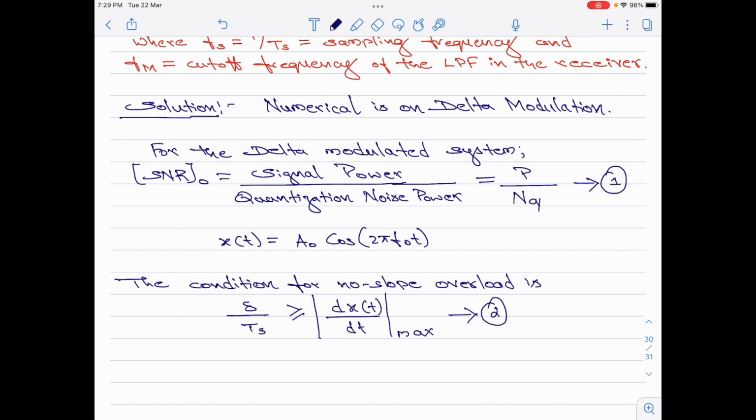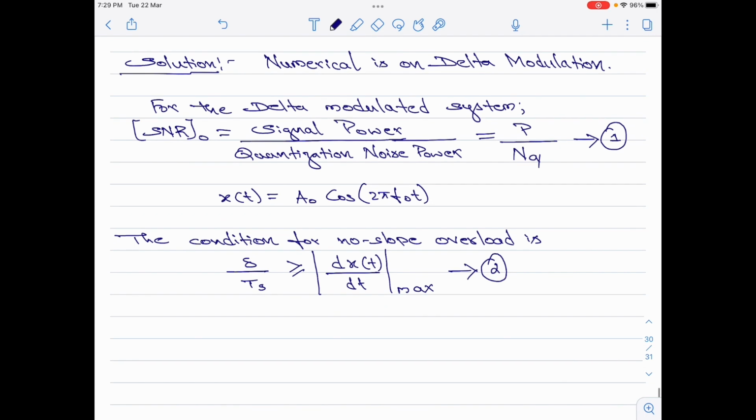So, as per equation 2, we are supposed to now find the maximum of d by dt of x of t. Let us start with d by dt of x of t. So, dx of t divided by dt is equal to d divided by dt of A naught cos 2 pi f naught t.